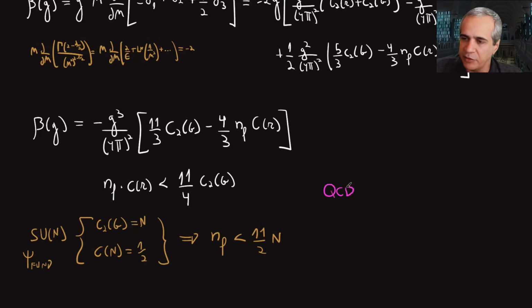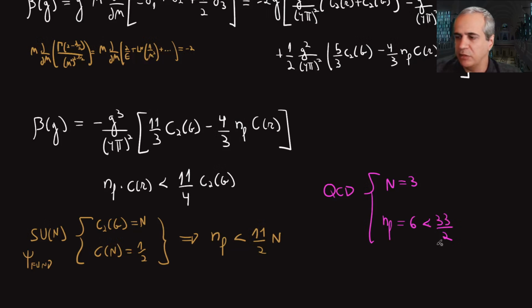In the case of QCD, the gauge bosons end up winning, because N is equal 3, and the number of fermions is 6: up, down, charm, strange, top and bottom, which is below this condition. So I put a 3 here, I see that this is safely below 33/2.